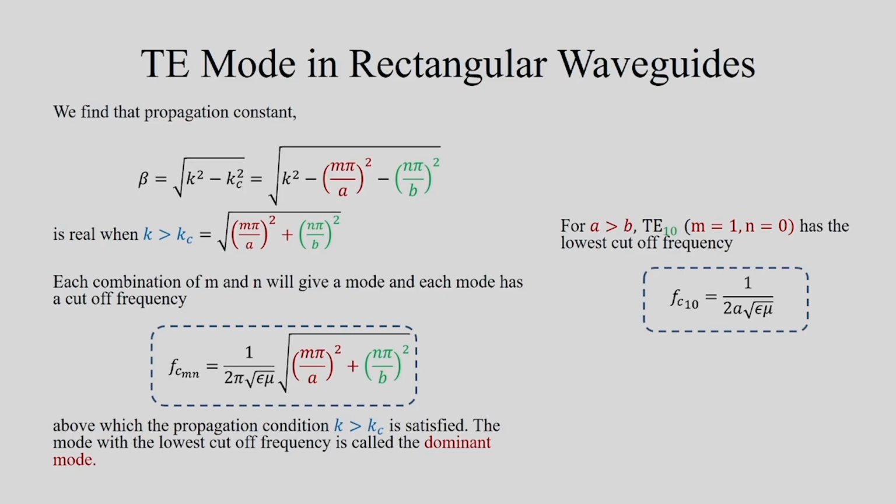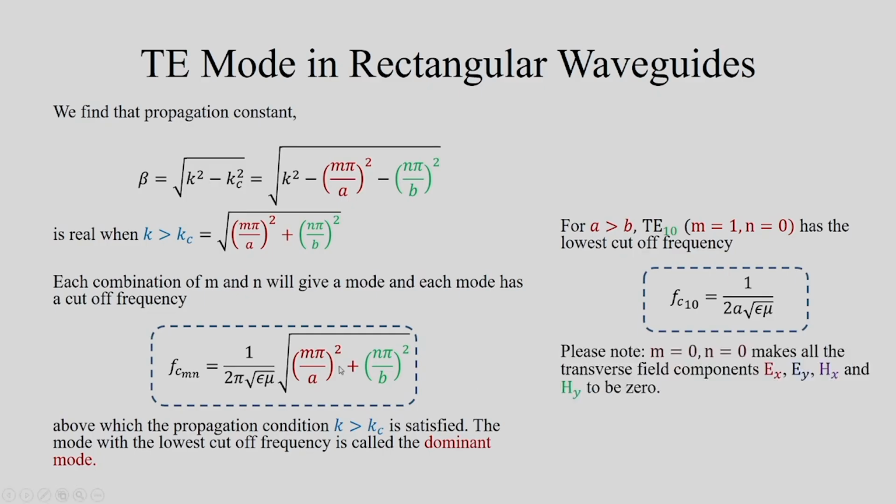Please note that depending upon the dimension a and the values of mu and epsilon for the dielectric media inside the waveguide, for example, if it is an air filled waveguide, this will be epsilon naught mu naught, we will get a value of the cutoff frequency f c 10, and wave propagation inside such a waveguide will only be possible above this cutoff frequency. Also note that m equal to 0, n equal to 0 makes all the transverse field components Ex, Ey, Hx and Hy to be 0.